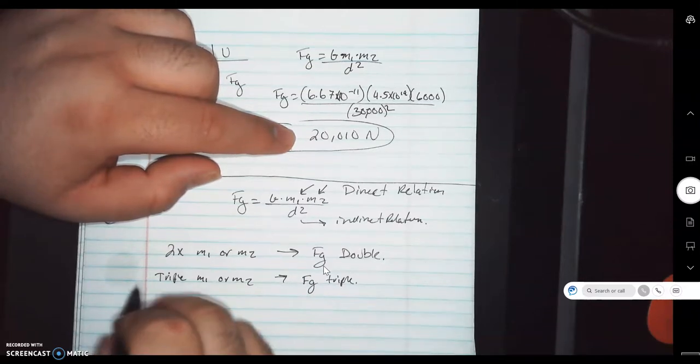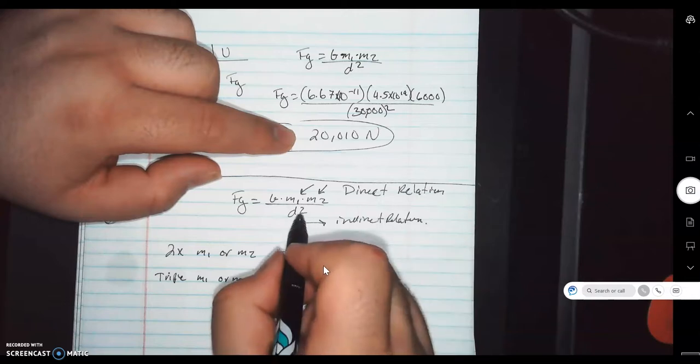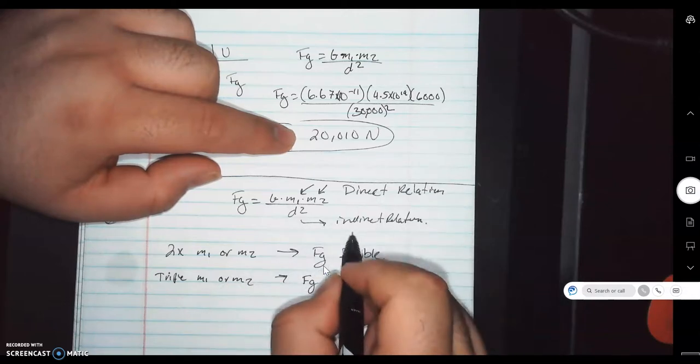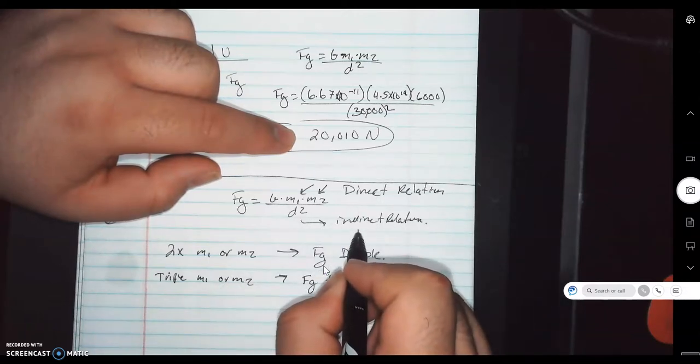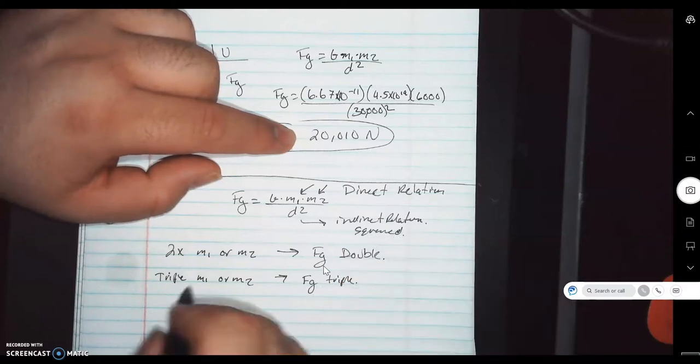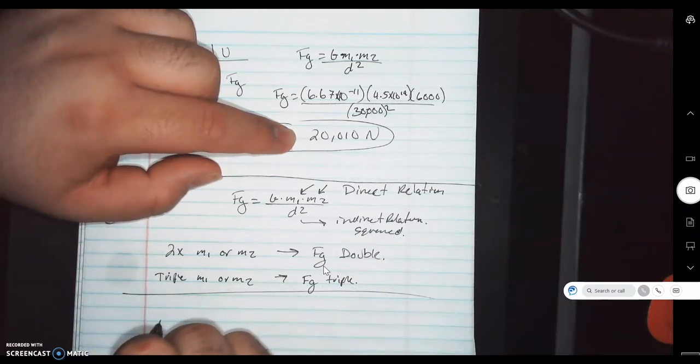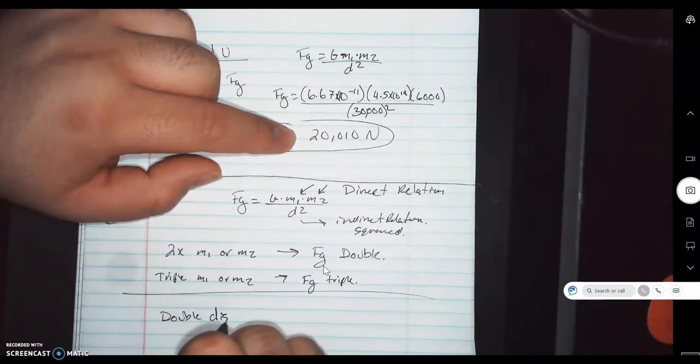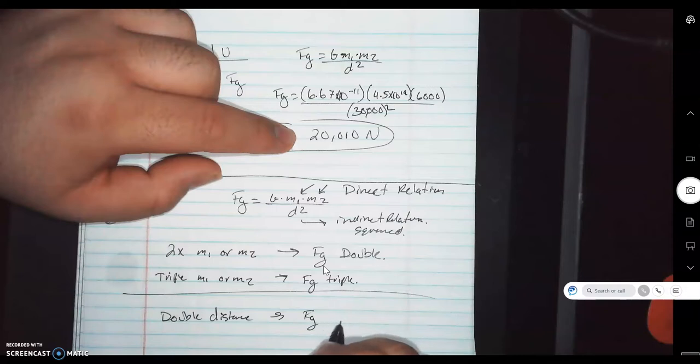Okay. Now, distance. This is an inverse relationship, and it's also squared. So make sure you keep that squared factor in there. So when we talk about distance, if we double distance, then FG will go down by whatever factor squared.